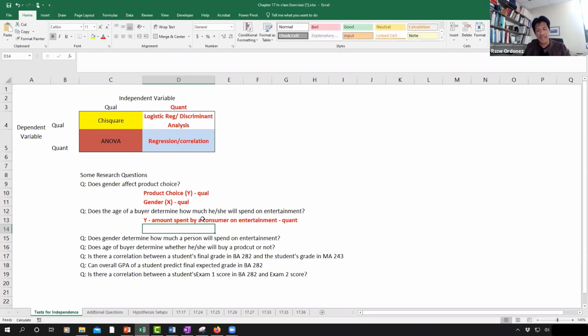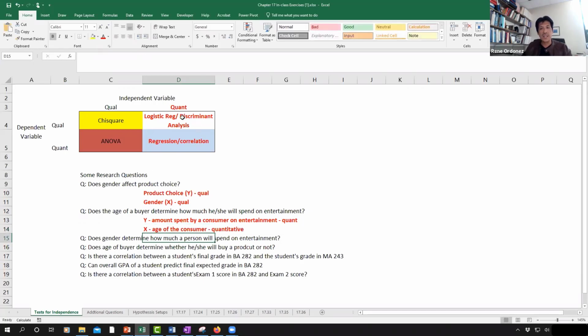And the independent variable, the predictor variable, is the age of the consumer, and it is quantitative.